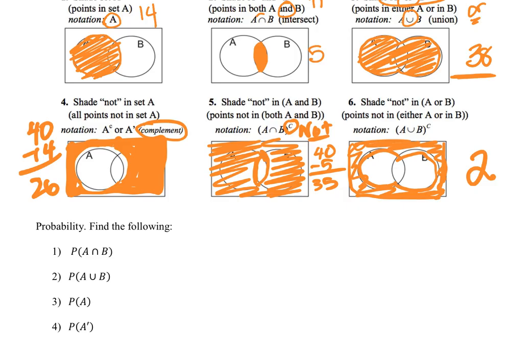Probability just means it's a fraction now. Okay, so now probability of A and B. Where's A and B? We'll find that. It's right here.